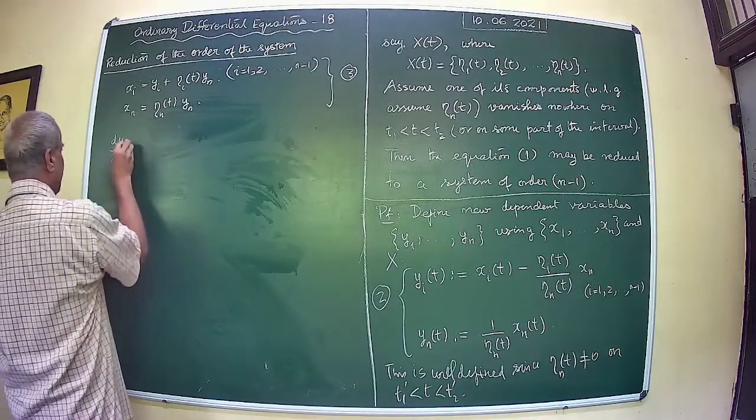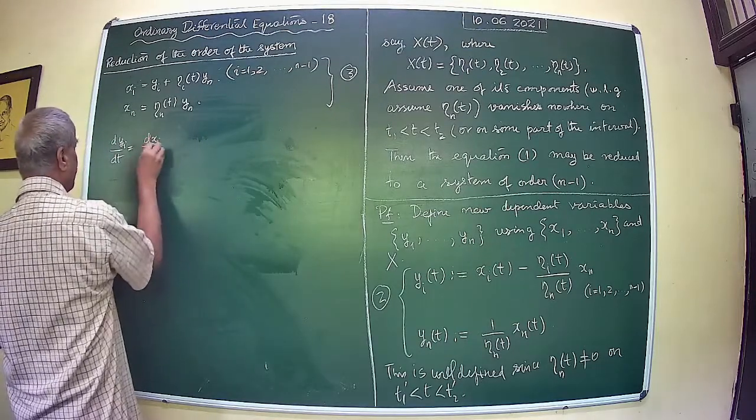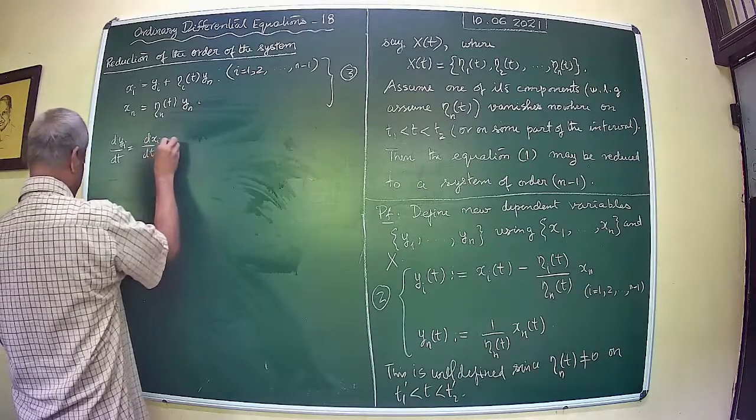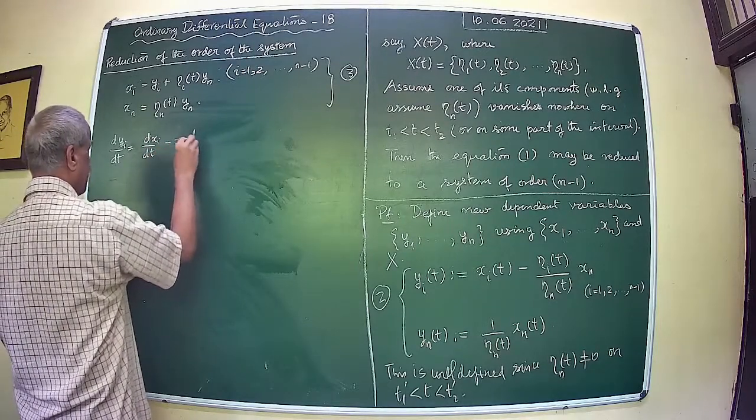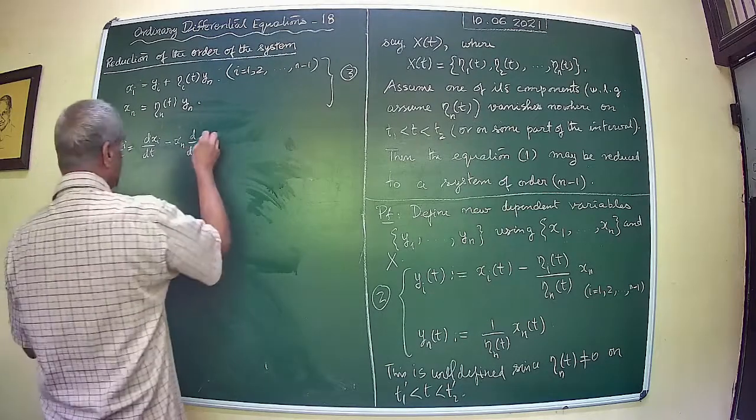dyi by dt equal to dxi by dt minus xn d by dt of eta i by eta n.